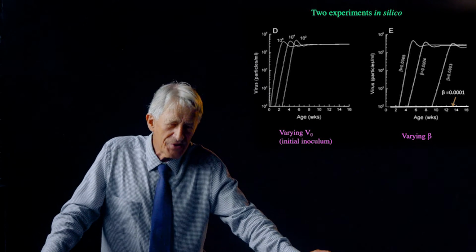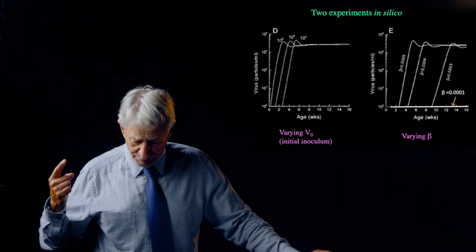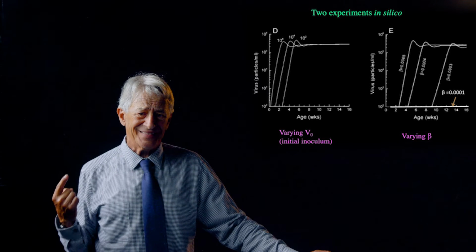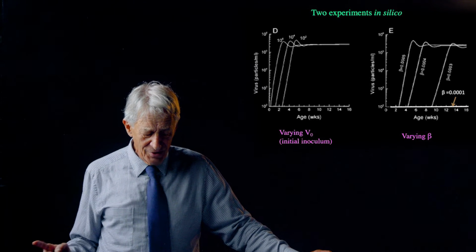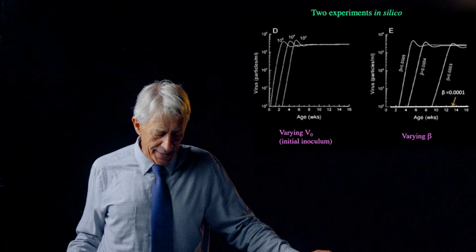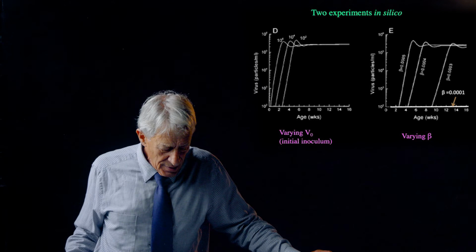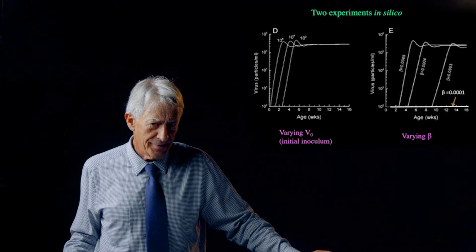Then we did some beta experiments. Remember, we're looking for the parameters that define the therapeutic window. So here are 4 experiments with beta, and you say, I only see 3 of them.